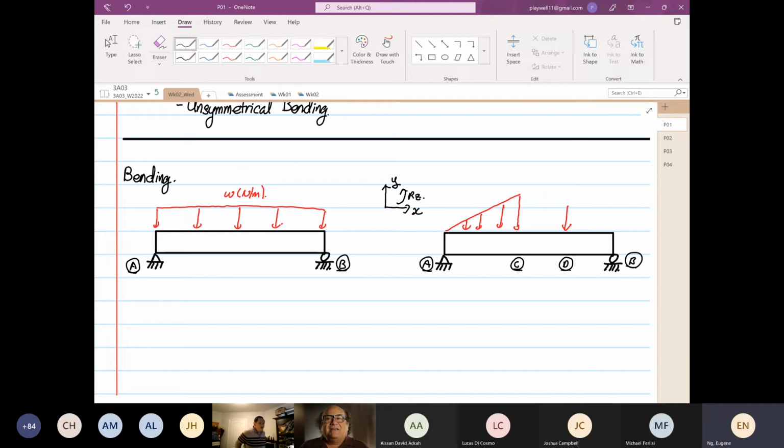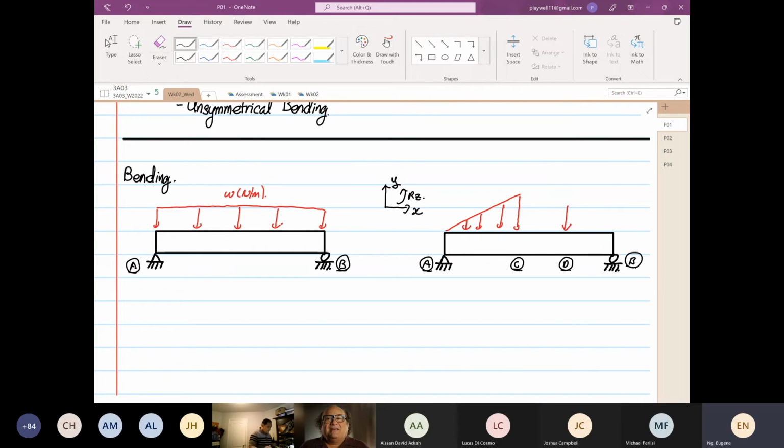So on the left is symmetrical. For now, we think that the left is symmetrical bending, the right is not symmetrical bending. I'm not saying which one is or not yet.